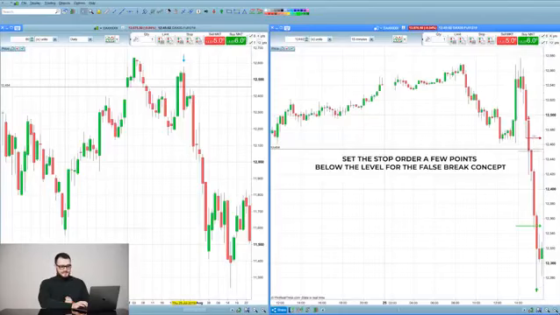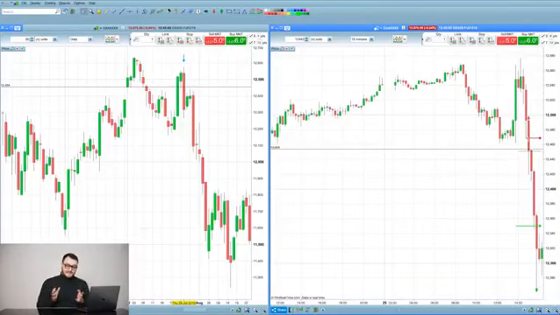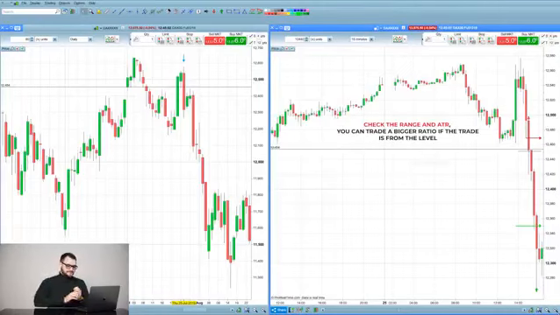And of course, in this case, we cannot use a technical stop, so we have to use a fixed one, because the technical would be around 100 points here, even more than 100 points, so that makes absolutely no sense. So here we would have a stop of 20 points, and as the price moves down, it will open automatically a short position. So a stop order for selling. So we will open a short position.